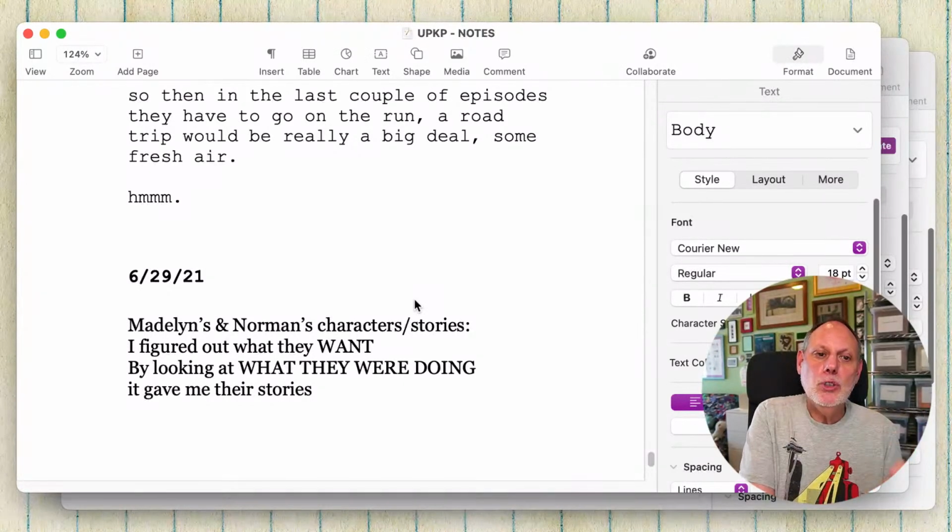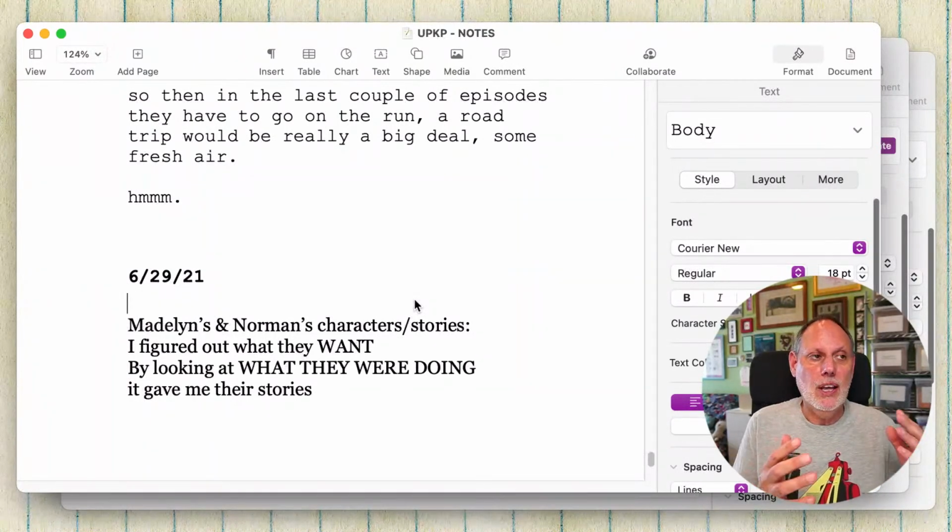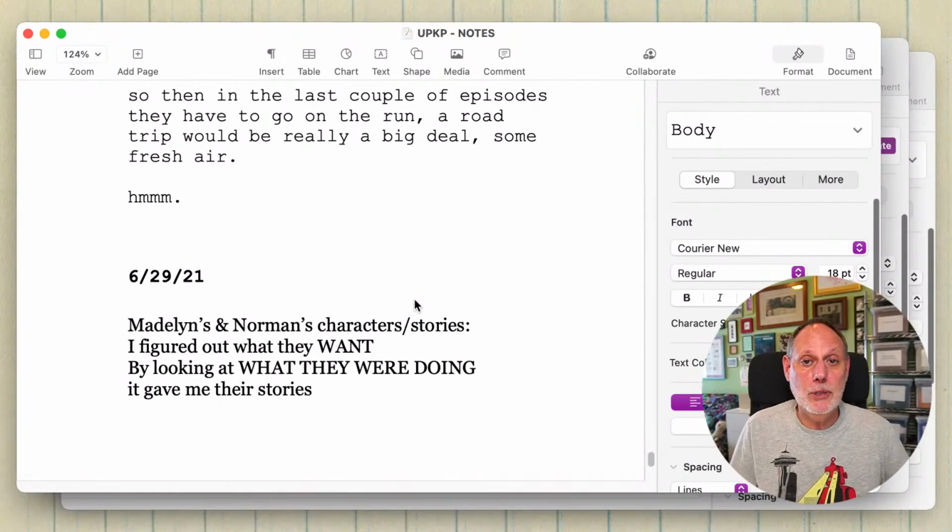Yeah. The most important thing about characters is that, for me, lots of people write different ways, if you know what they want, you can begin to figure out how everything in the story relates to it. It doesn't all have to be that they're trying to get what they want.